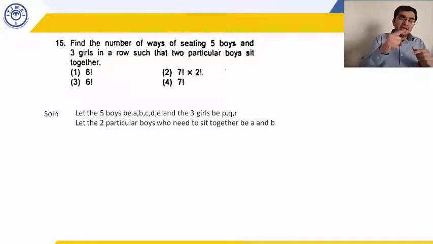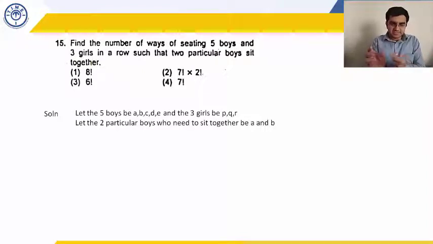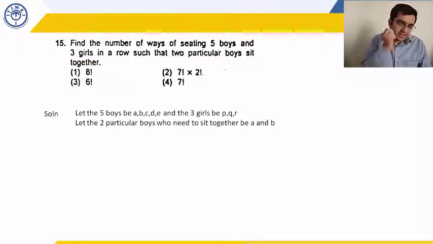But in each of these 7 factorial arrangements, inside the group, the 2 people could have been sitting as A, B, or they could have been sitting with their seats interchanged, that is B, A. So these 2 people could have been sitting in 2 factorial ways.